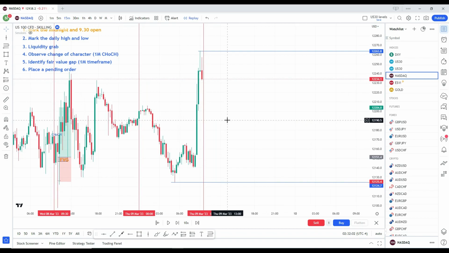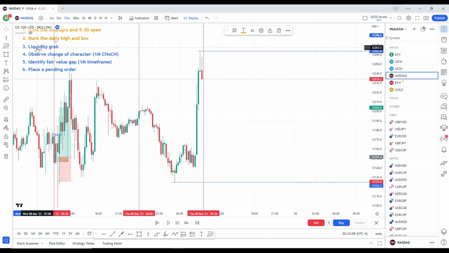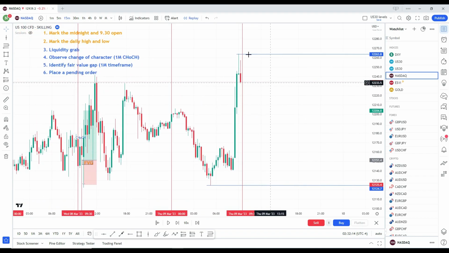Okay. Next, we check for liquidity grab. Let's see which of these daily high and daily low will be liquidated after 9:30.